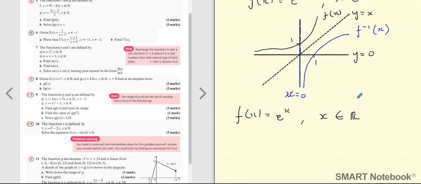What is your range for f of x, please? You need to tell me in the chat the range for f of x.